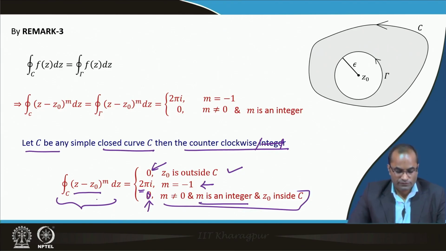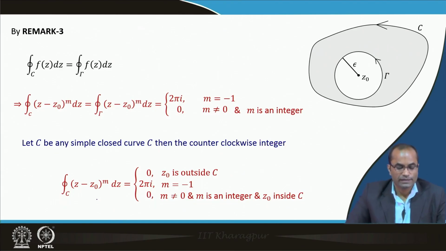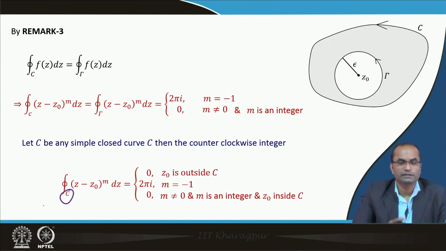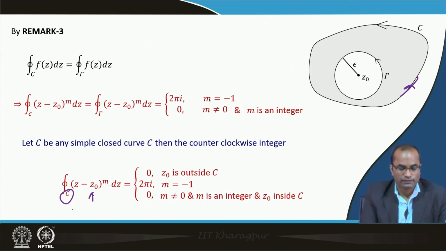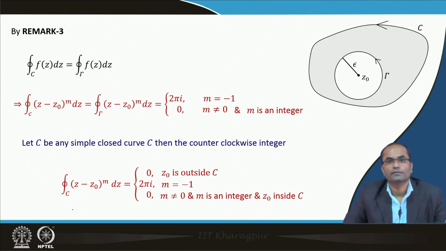This result we had proved in the previous lecture when C was just a circle with center z0, but now we have observed that C can be any simple closed curve, and the result is still true.